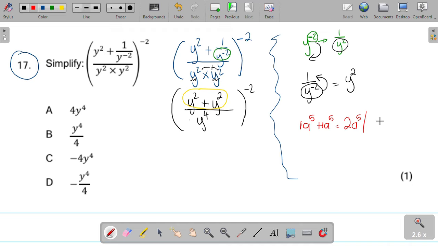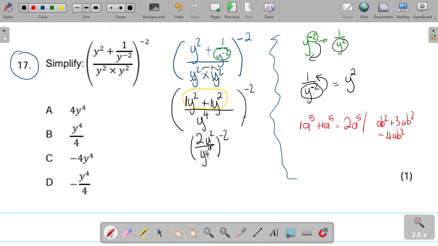If I have ab squared plus 3ab squared, those are like terms, so it would become 4ab squared. Really simple. You apply that over here as well, and what you end up getting is 2y squared over y to the 4, which stays the same, and we still have our bracket with the negative exponent.